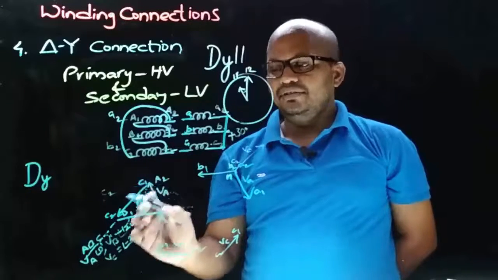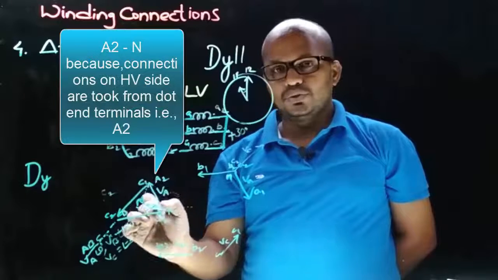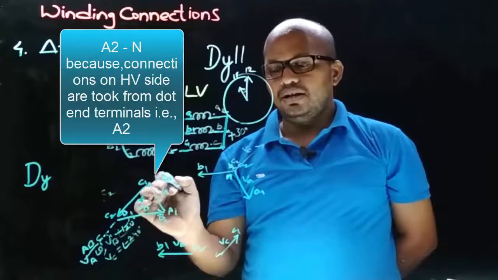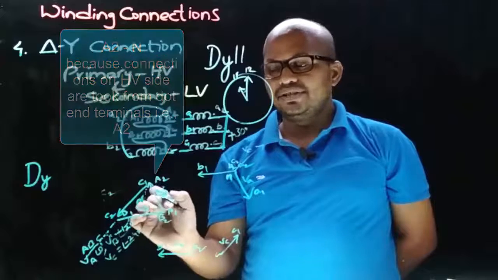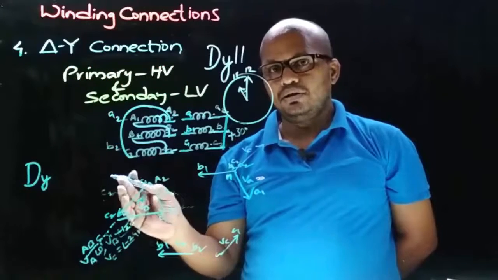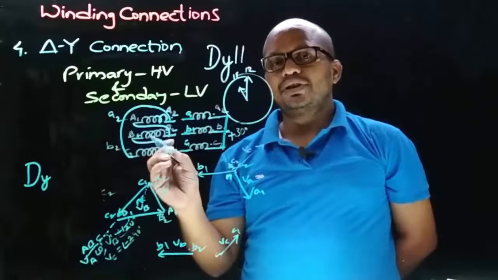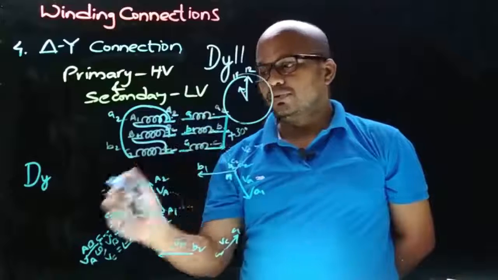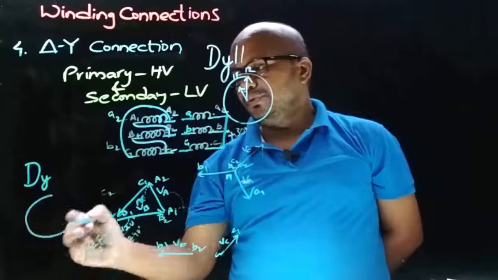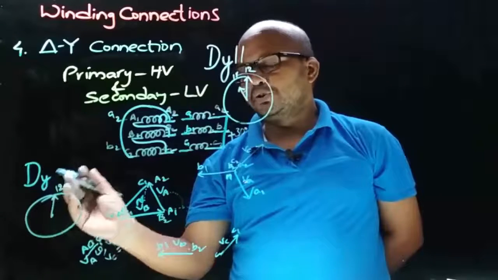From the HV winding phasor diagram, capital A to N is the phase to neutral voltage, and this is taken as a reference, and this is indicated by the minute needle in a clock. As this is taken as a reference, the minute needle in a clock is always shown pointed towards 12. So if you take this clock, this is the minute needle which is always shown pointed towards 12.